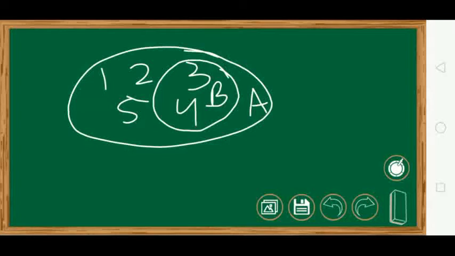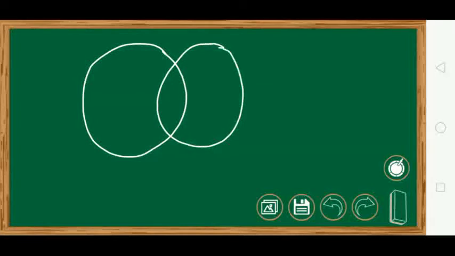Okay. Second way of showing the intersection is I will draw this as A and this as B. This is A and this is B, and what is common is 3 and 4. Here 1, 2 and 5.